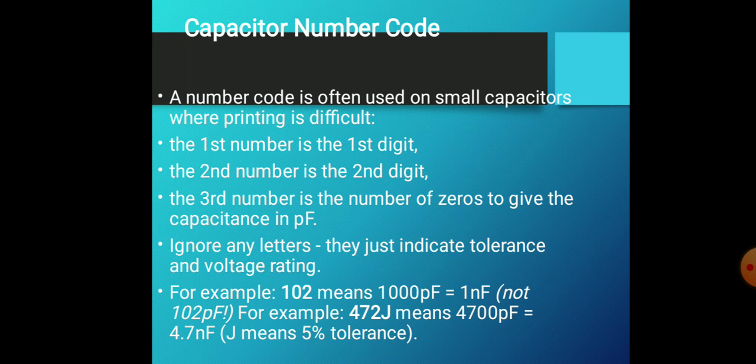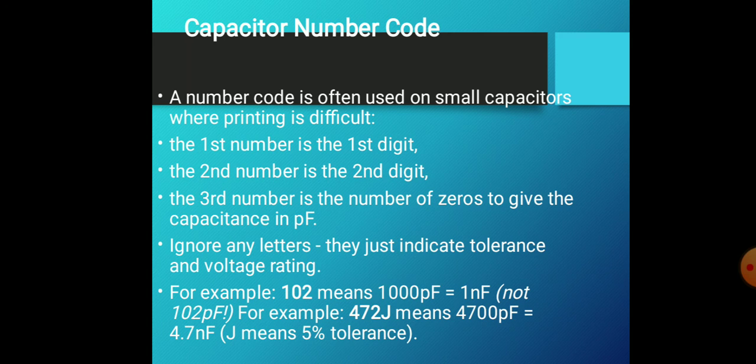And the third number is the number of zeros to give the capacitance in picofarad. So if the capacitor's number is like 112 or 122, just copy the first two digits, which is 12, and the third number is the number of zeros that you're going to put in picofarad. So if that's 122, the capacitance is 1200 picofarad.